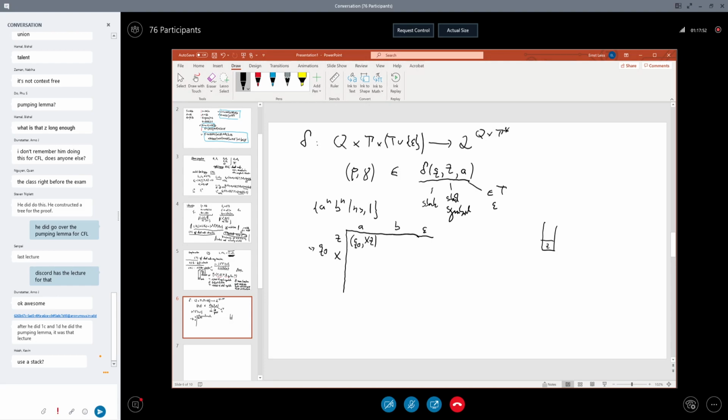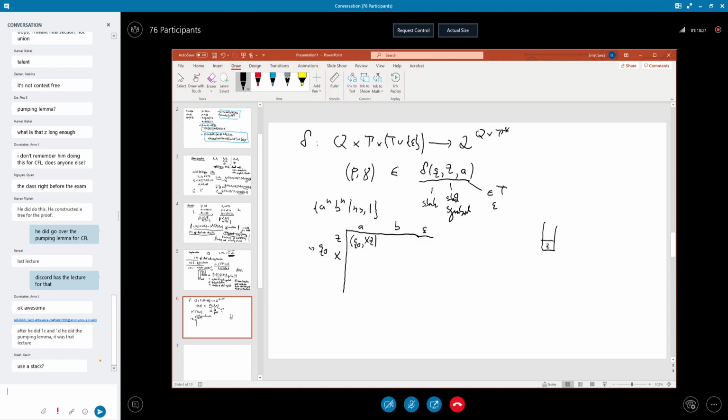Now, the way this is interpreted, if we have QZA, that means we're consuming little a, we see the Z on top of the stack, and we're in state Q. And if we have P gamma, an element of this, then that means we're now moving over from state Q to state P. We consume that A, and we replace the Z by gamma.